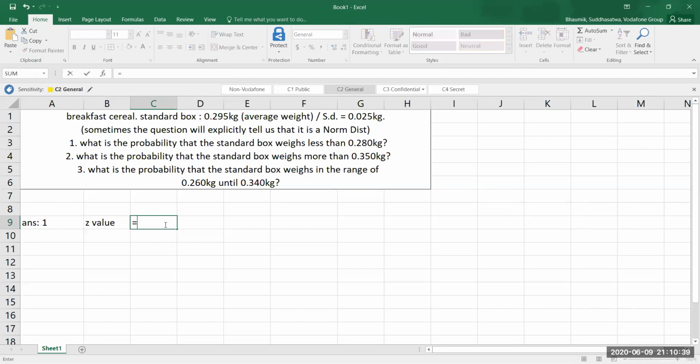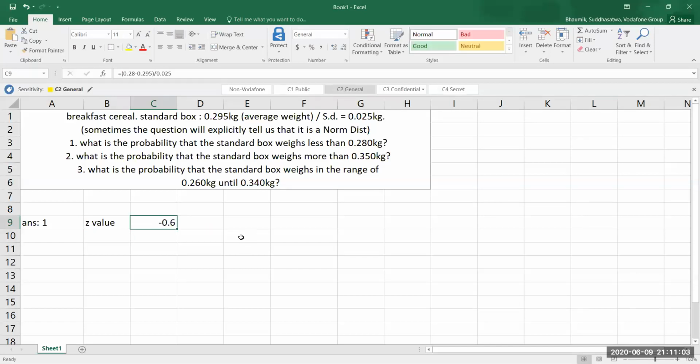It is equal to a numerator and a denominator. The numerator is 0.28, which is my random variable in this case. Then I have the mean, which is 0.295. Then I divide this number by the standard deviation, which is 0.025. I get the z value.